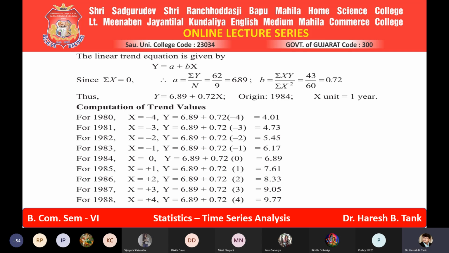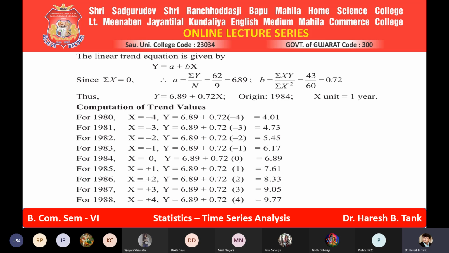Substitute it. X is equal to minus 4, x is equal to minus 3, minus 2, minus 1, 0, 1, 2, 3, and you will get different values of y. Put it in a column format. Make one more column in your table itself, and the last column will be trend values yc, which is equal to 6.89 plus 0.72 times x.